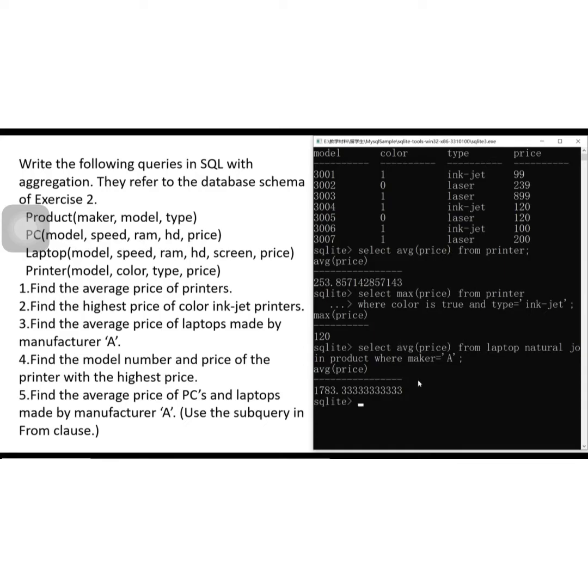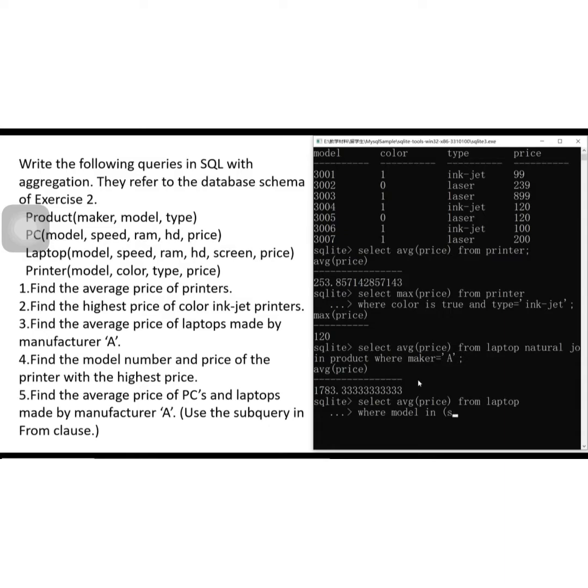And we can also use subquery. We can select AVG price from laptop where model in a subquery.